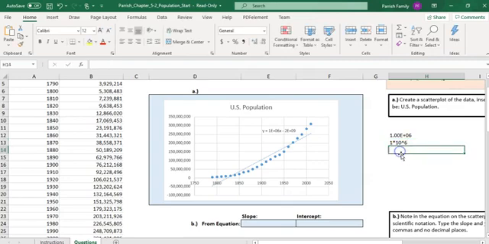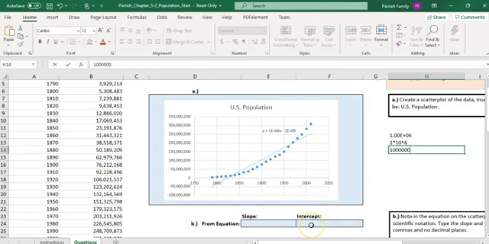So now you can do the calculations to figure out what that's going to be, right? When you do 1 times 10 raised to the 6th power, you end up getting 1 million, 1 with 6 zeros. So that represents our slope.